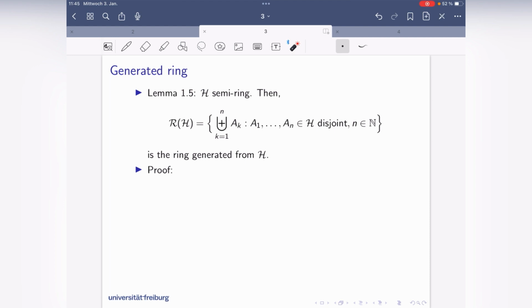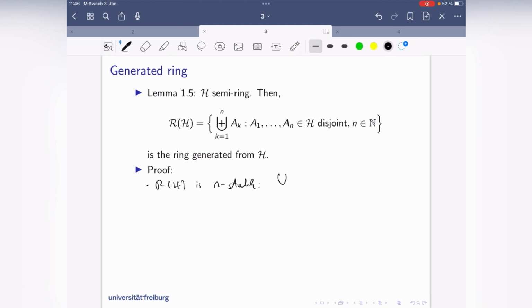So I claim that R of H is cap stable. That should be pretty clear. How do I prove this?